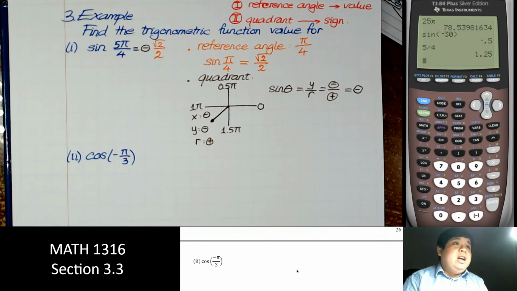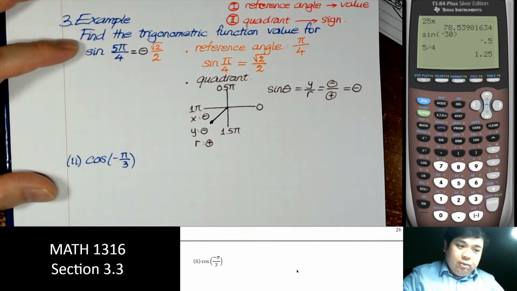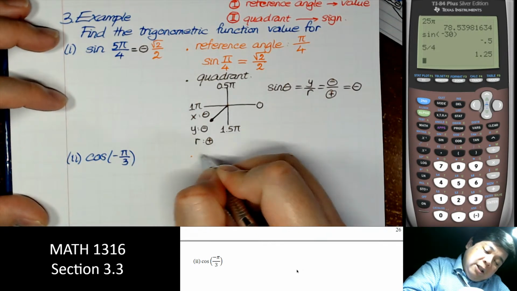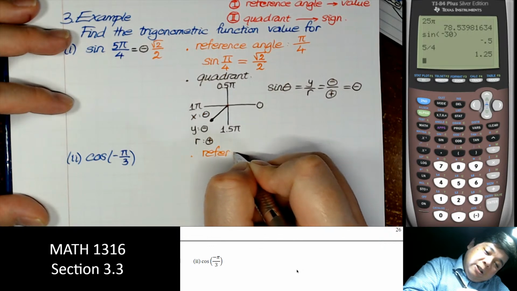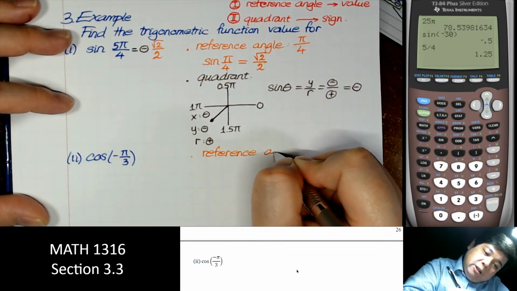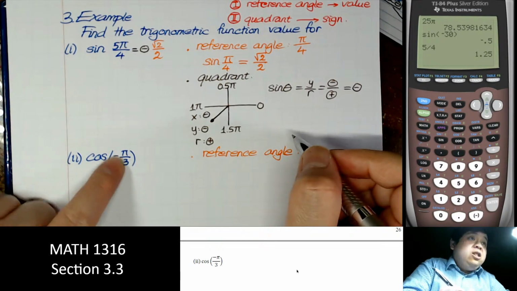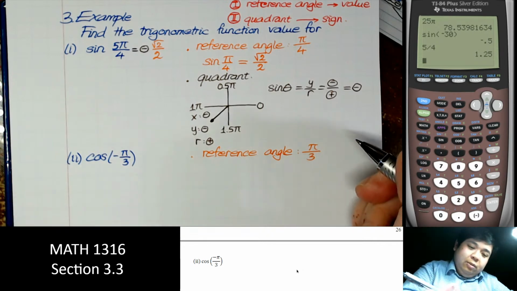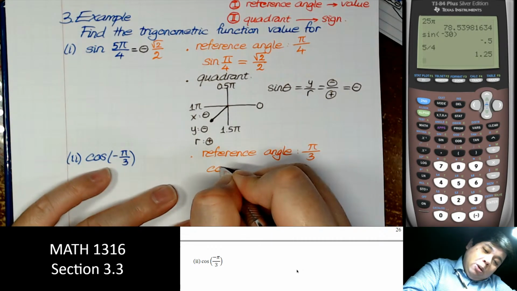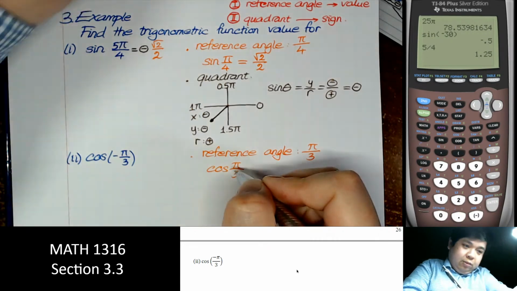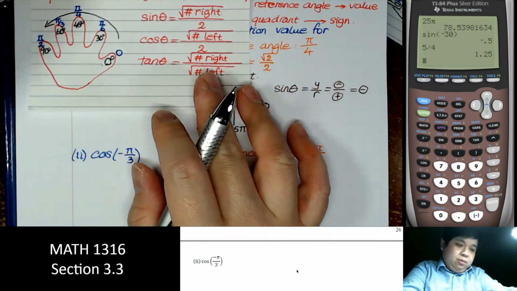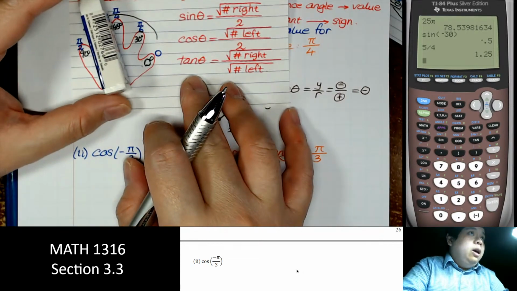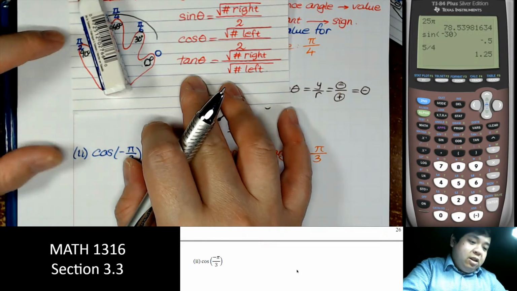Right, cosine of negative pi over 3. First, the reference angle. This is a reduced fraction, 3 at the bottom, so we have pi over 3. Now, cosine of pi over 3, and cosine is the number of fingers on the left.